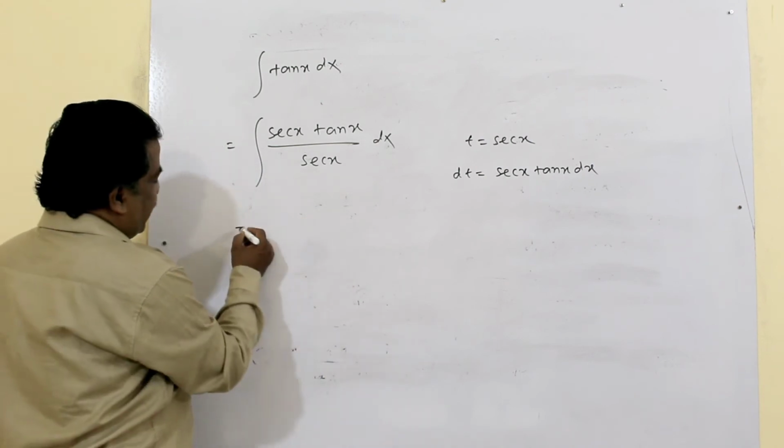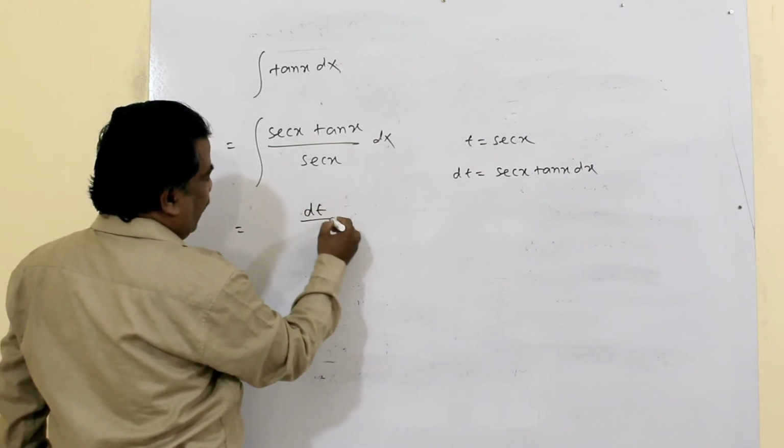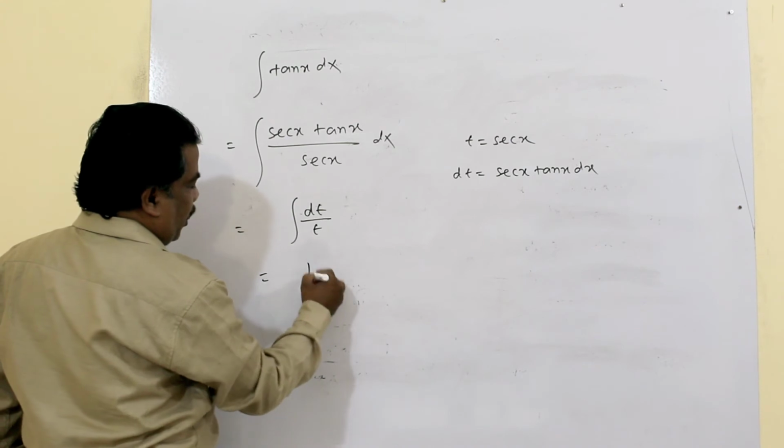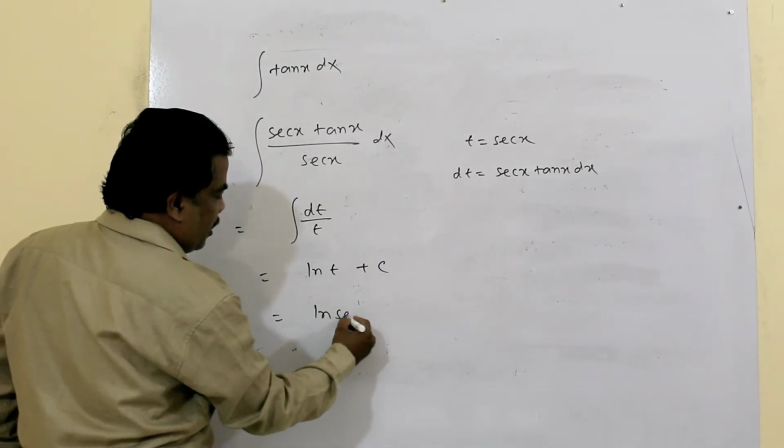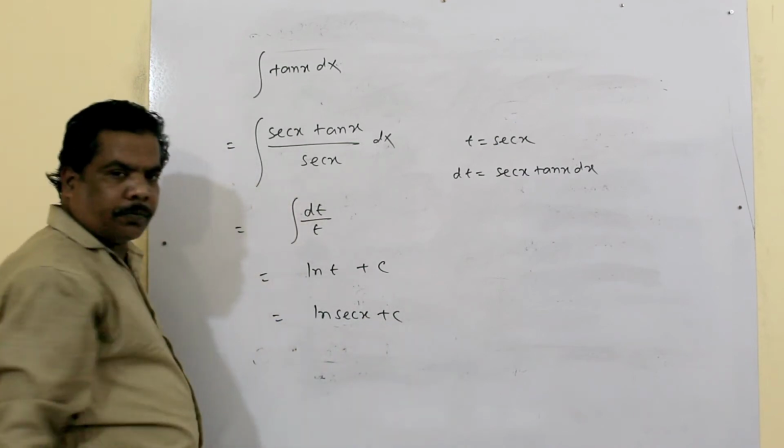Now this is reduced to the form dt by t, which is equal to ln t plus c, that is equal to ln sec x plus c.